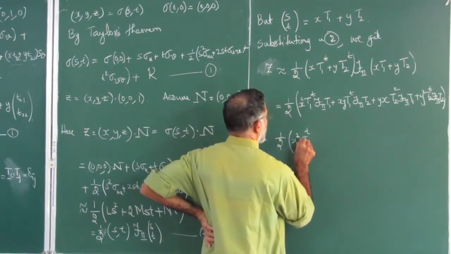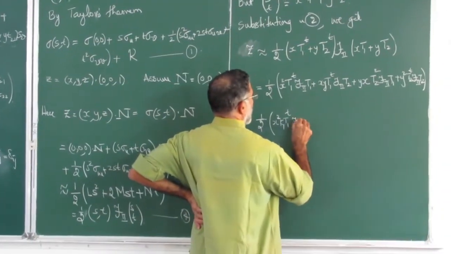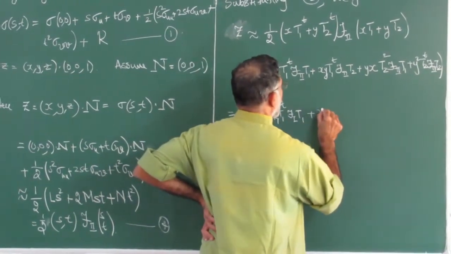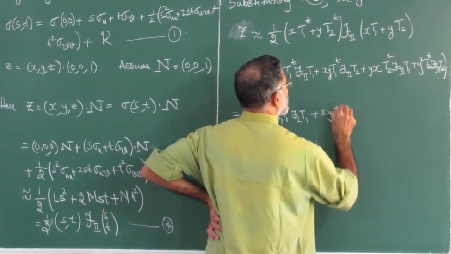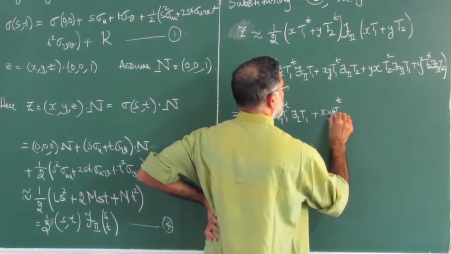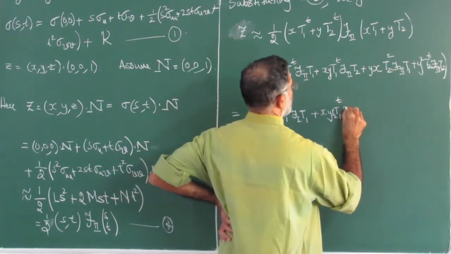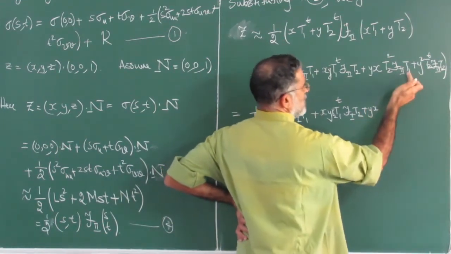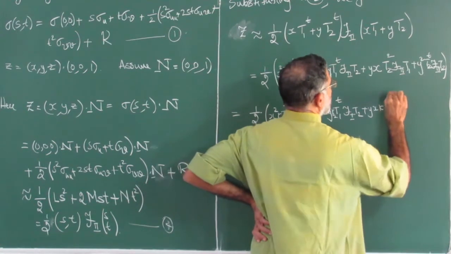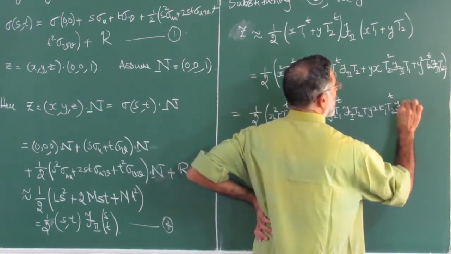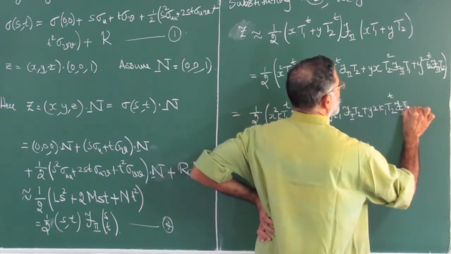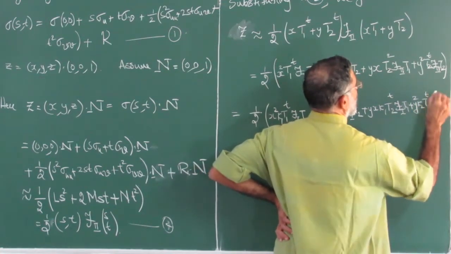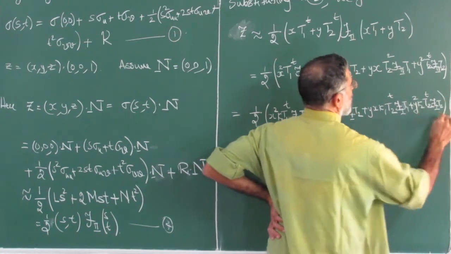So I can write kappa 1 f1 t1 plus xy, this is t1 transpose, again kappa 2 f1 t2 plus yx, this is kappa 1 t2 transpose f1 t1 plus y square kappa 2 t2 transpose f1 t2. And what is that?